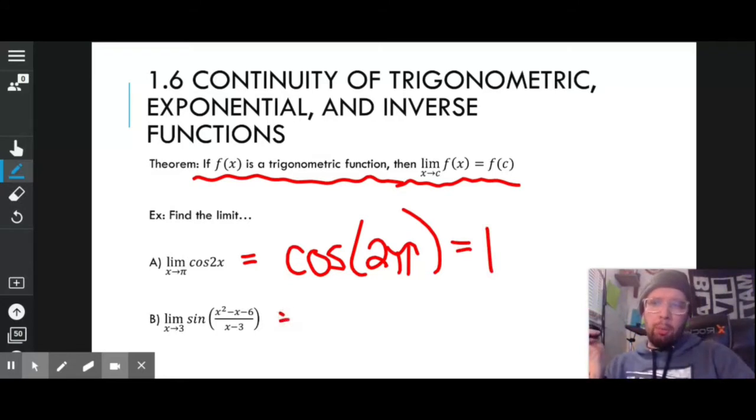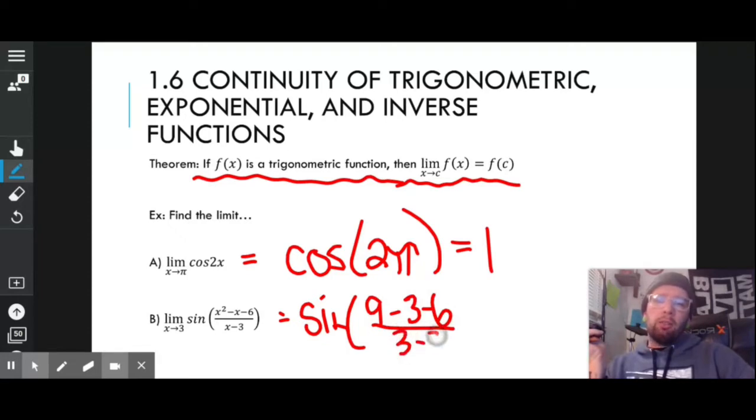Let's do a little bit of math over here. This is going to end up being sine 3 squared, which is 9, minus 3 minus 6, over 3 minus 3. Now, right off the bat, we might look at that and say you can't do that because you get 0 over 0.